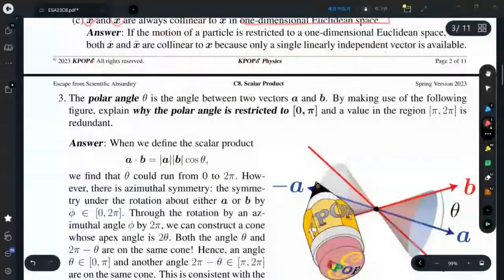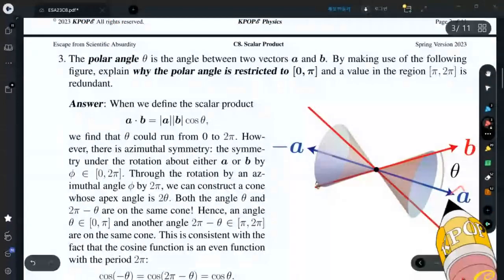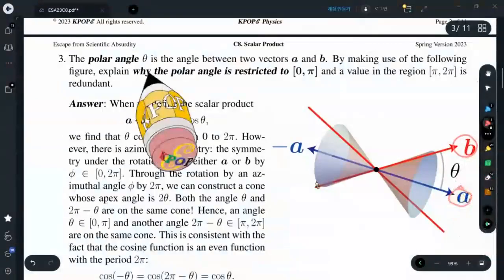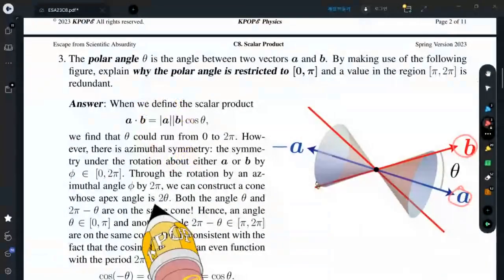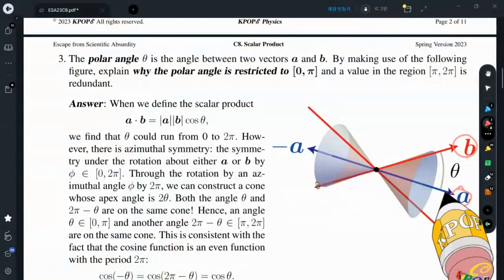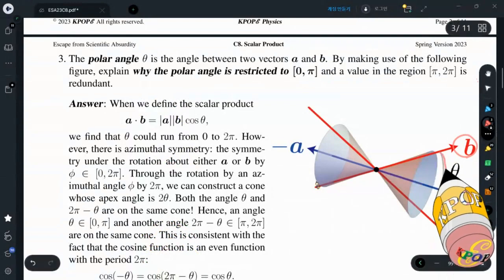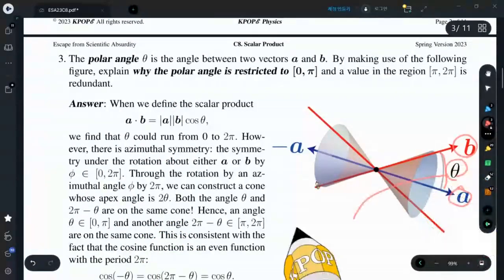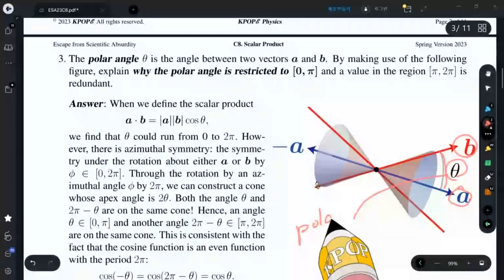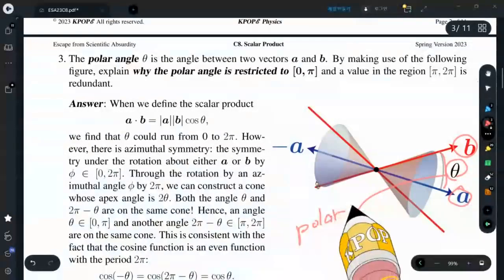However, let's see. We have 2 vectors in 3-dimensional space. In 3-dimensional space, we usually say the angle between the 2 axes is called a polar angle.